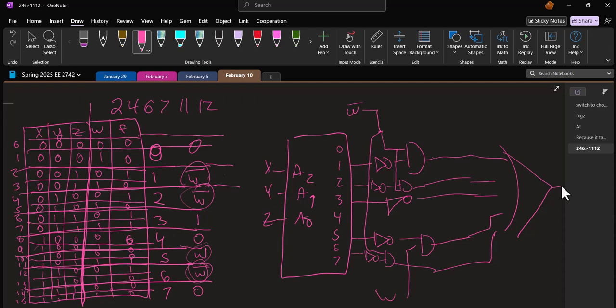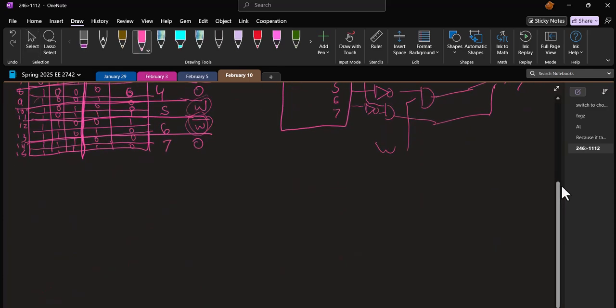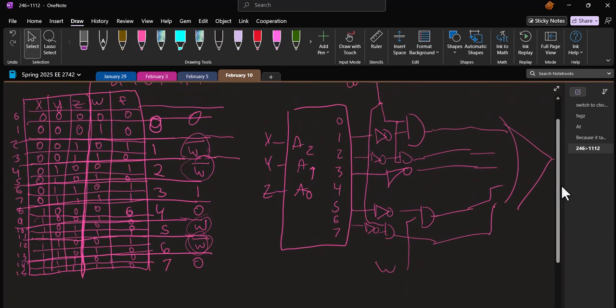I don't know, what would work would be if they were all active low and we ORed those. I'm not sure, I'd have to think about it. Alright. Yeah, my brain is too tired to figure it out right now.